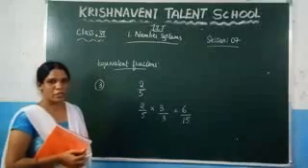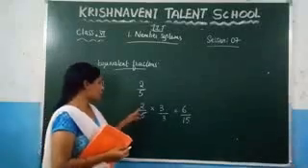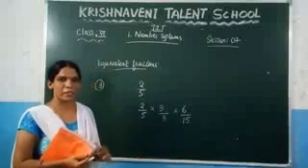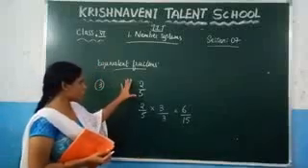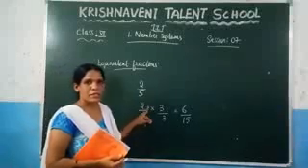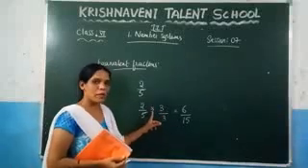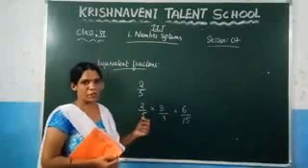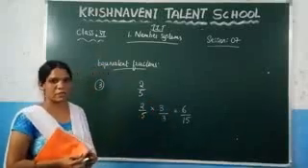So here you can observe that the equivalent fraction of 2 by 5 is 6 by 15. So how do you find the equivalent fraction? If you are given any fraction, you need to multiply the same number to the numerator and the denominator, so that you will get the equivalent fraction.